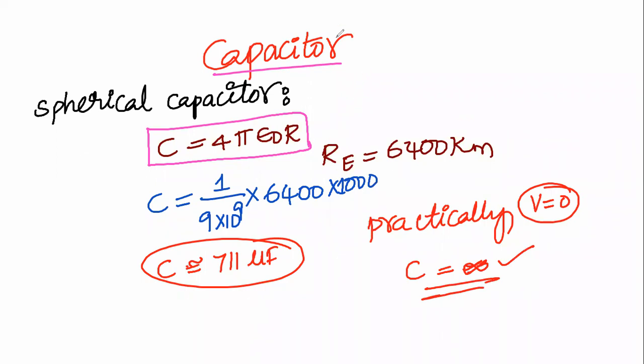Now when two kinds of spheres are taken, the big sphere whose radius is taken as capital R, and small spheres. We have split the big sphere like this.